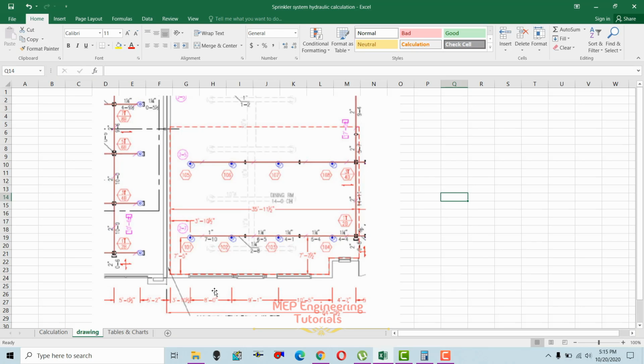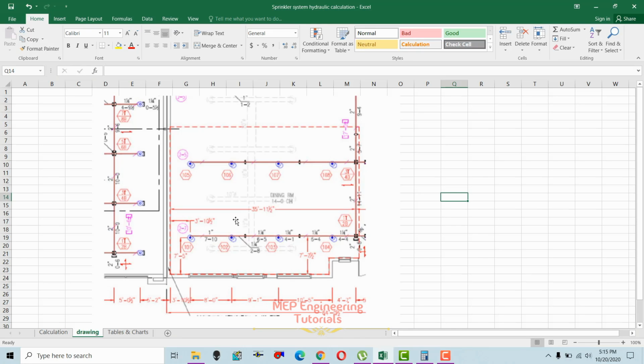If you remember my video on how to place the sprinklers in Revit as per NFPA 13 standard, there I used the S and L rule to show you how you can place sprinklers as per NFPA 13 standard. I'm going to apply the same rule to get the distance between the sprinklers on the branch lines.